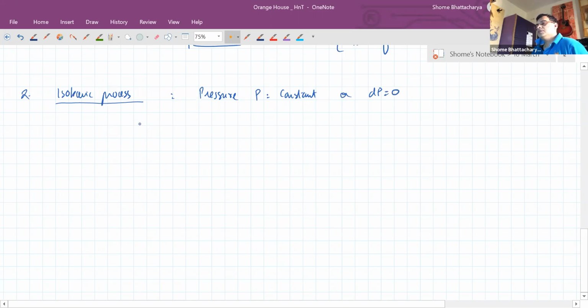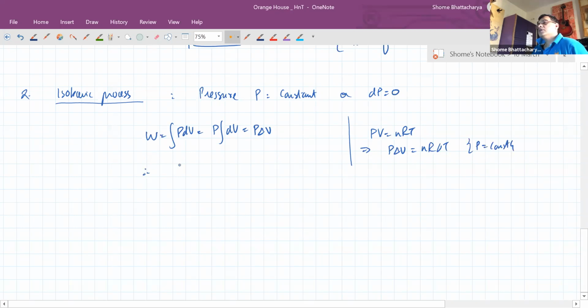Pressure is constant means work done, which is the integration of P dV, becomes P delta V, and secondly because PV is equal to nRT, P delta V is nR delta T when pressure is constant. So work done, which is P delta V, can also be defined as nR delta T. So this is the path function.